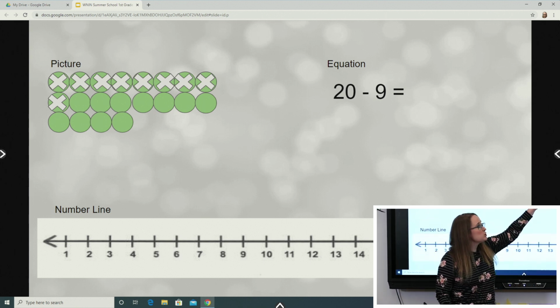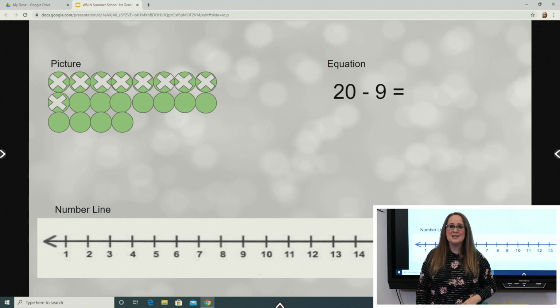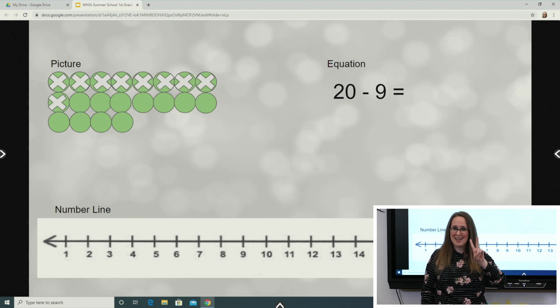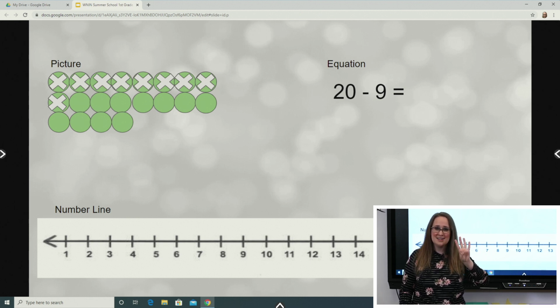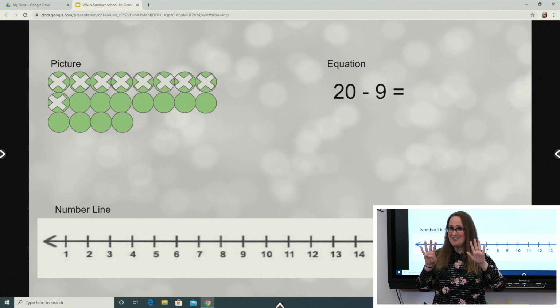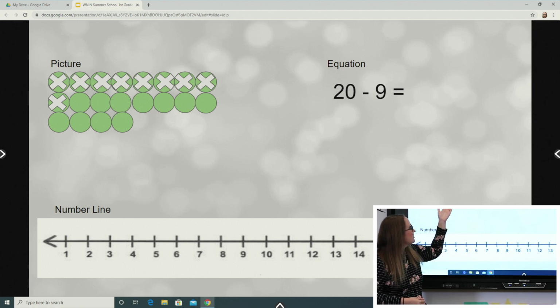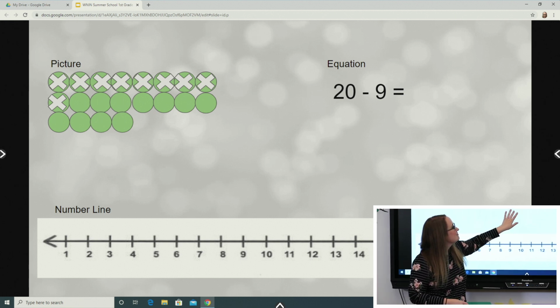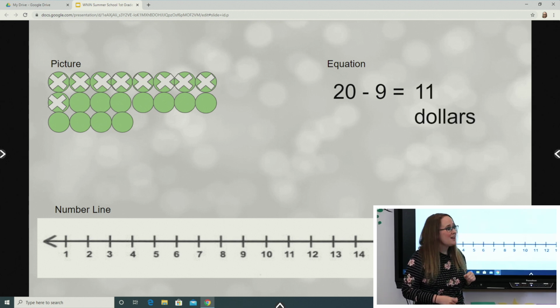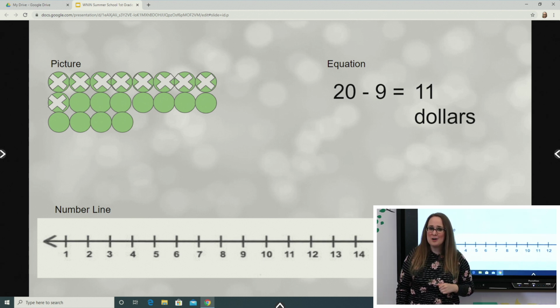So we can put the number 20 in our mind and count backward 9. 20, 19, 18, 17, 16, 15, 14, 13, 12, 11. We got 11, just like we have 11 circles left. $11.